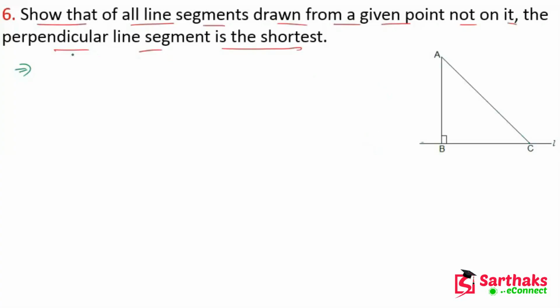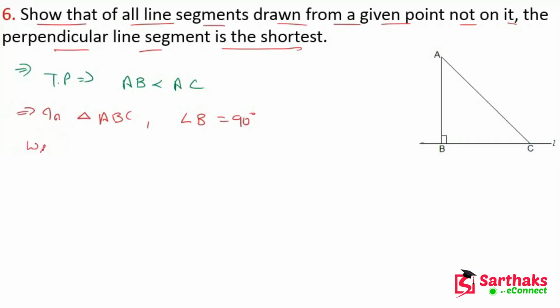And we have to prove AB is less than AC. Now in triangle ABC, angle B is 90 degrees.